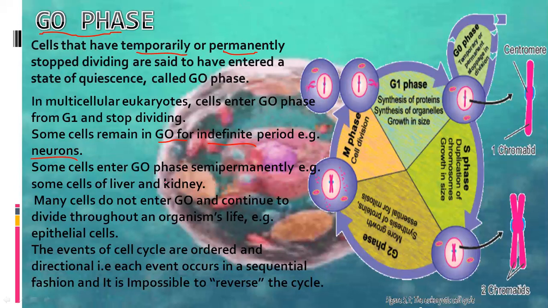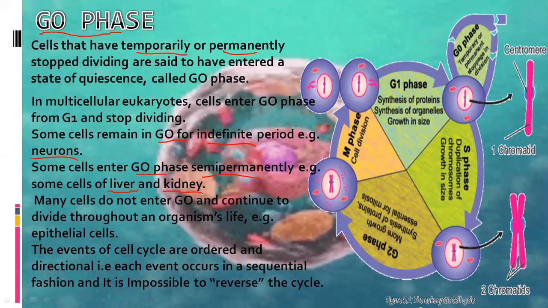As well as some cells enter G0 phase semi-permanently, like for some period of time. For example, liver cells do not divide rapidly, but they have a very slow progressive division, and as well as kidney cells.